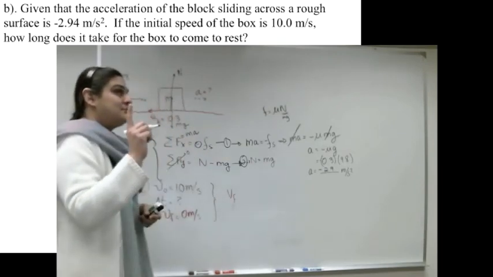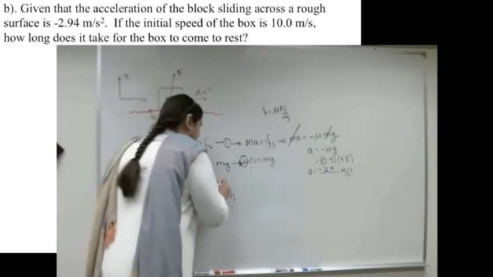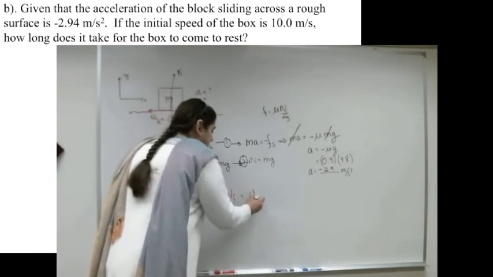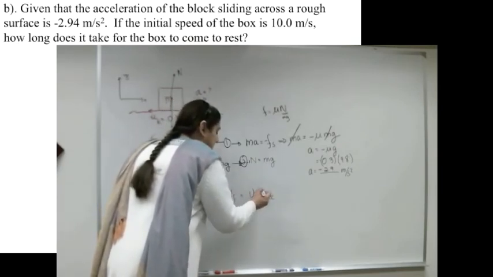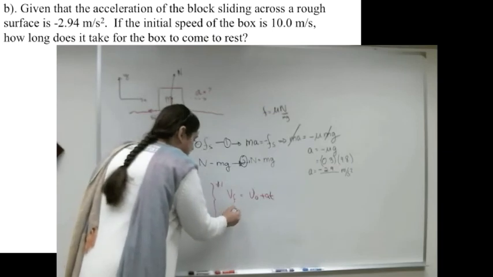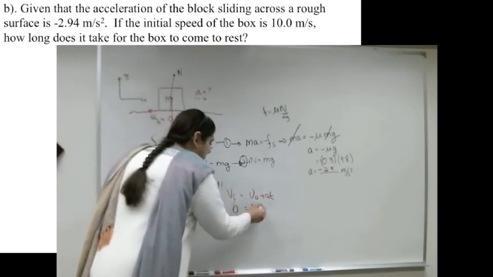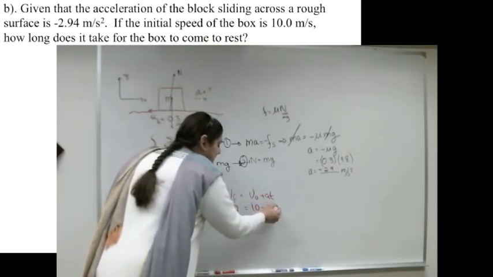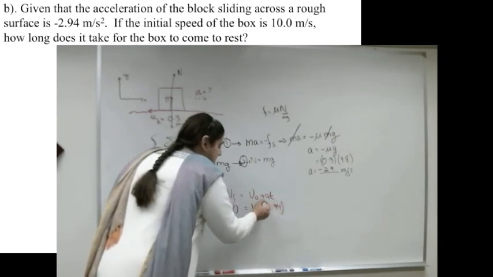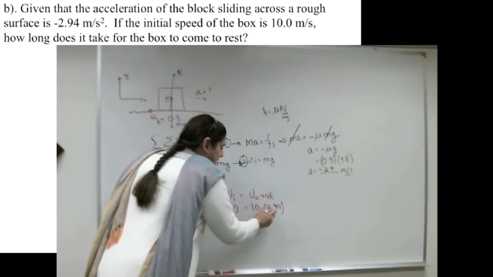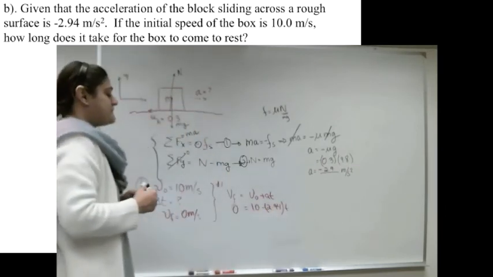So knowing all of this information, I can rewrite Vf. Equation number 1 might be a good equation to use. Vf equals V naught plus at, which means, with Vf being 0, this is 0 equals 10 minus 2.94 t, and t is what I'm looking for.